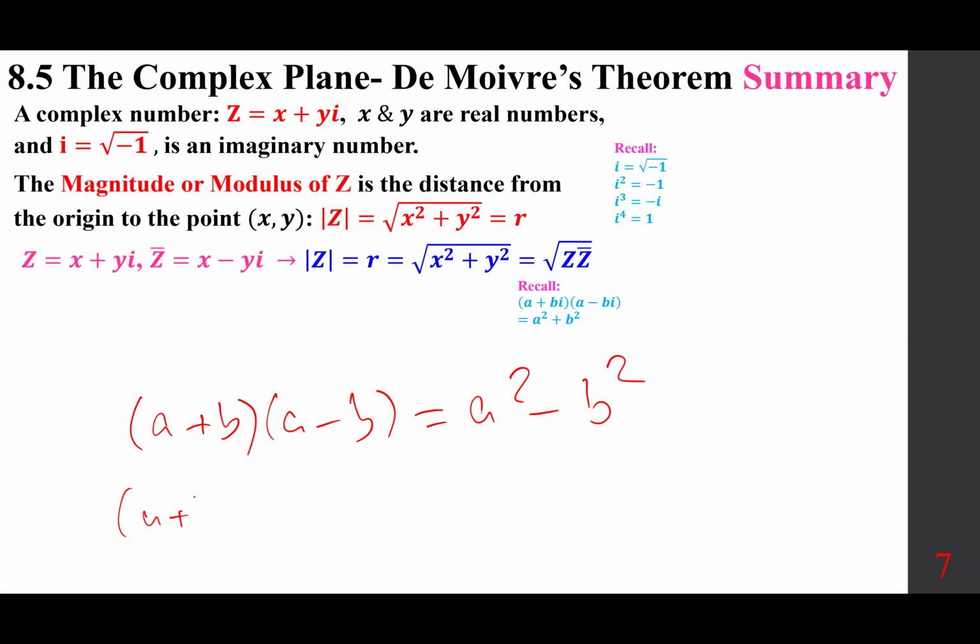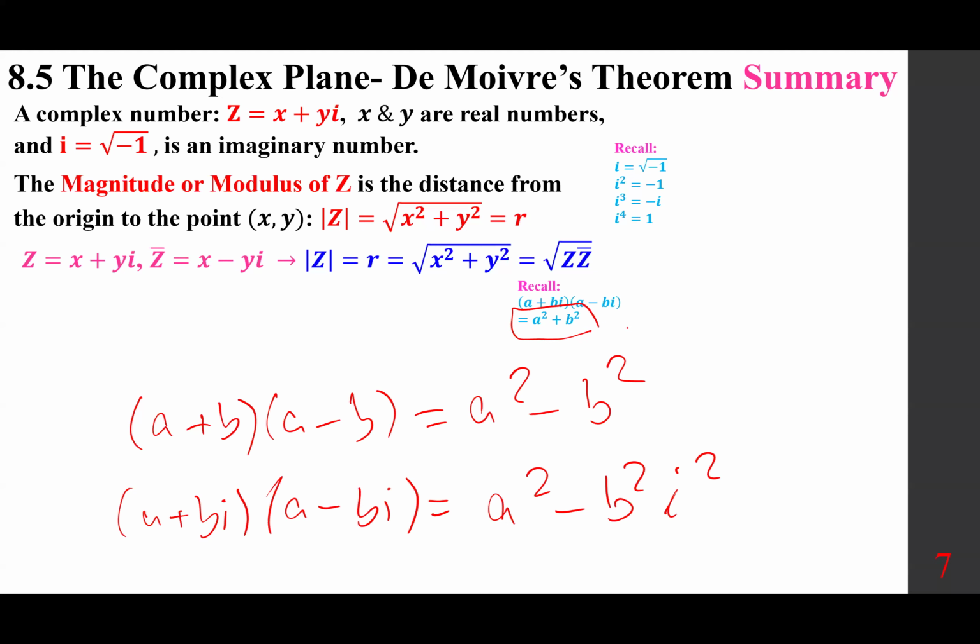If we have a plus bi times a minus bi, the answer is a squared minus b squared i squared, which makes it a squared plus b squared, because i squared is negative. So this is the synopsis of the section. We're going to continue.